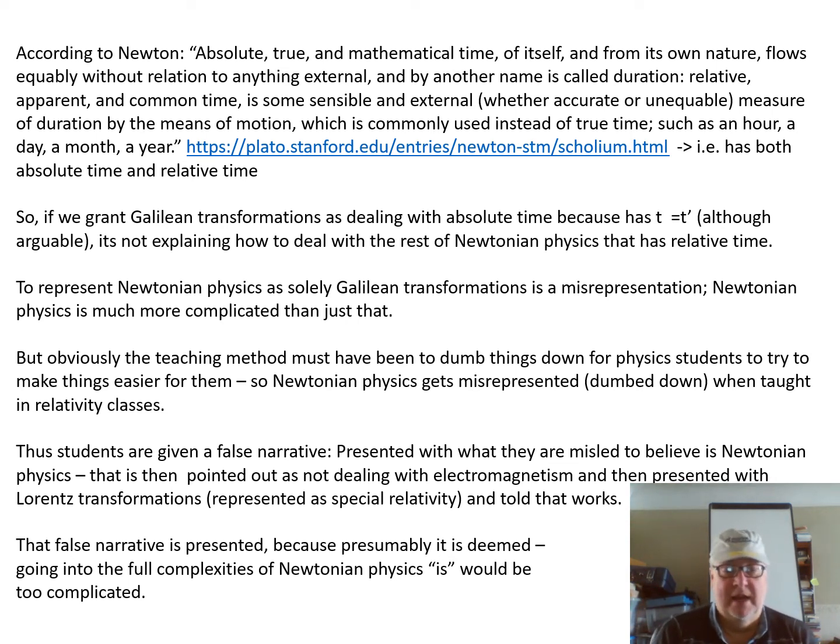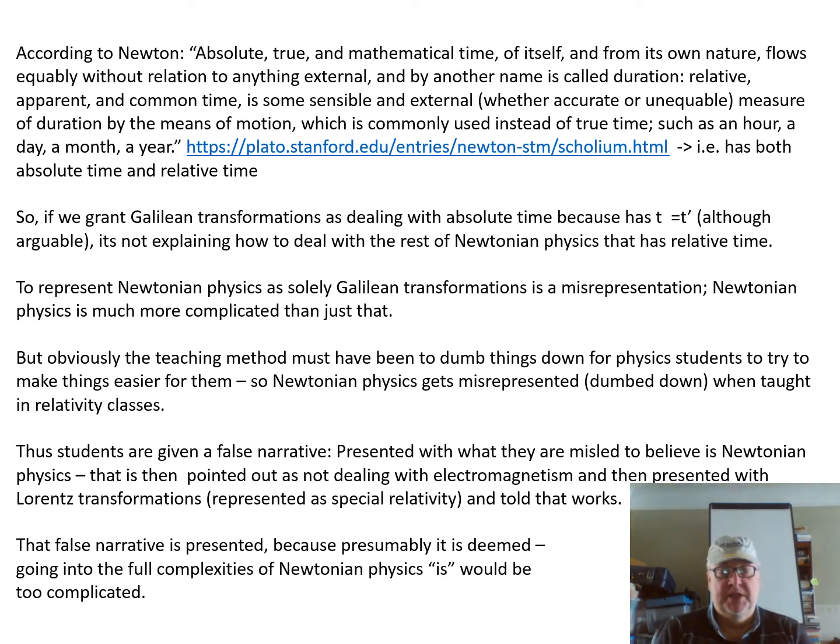If we grant that the Galilean transformations are dealing with absolute time, it's not explaining how Newtonian physics is dealing with relative time. To represent Newtonian physics as solely Galilean transformations is a misrepresentation. Newtonian physics is much more complicated than just that.